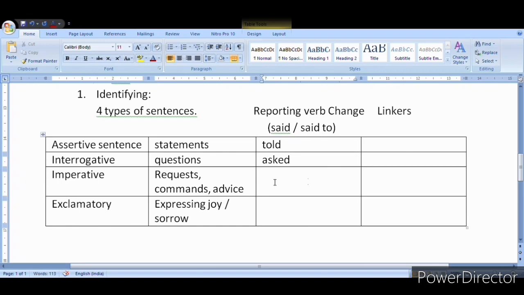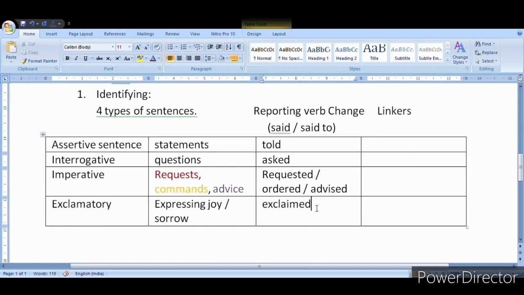You have to change the reporting verb to asked or questioned. Finally, imperative type sentence, that is request, commands, advice. If it is a request, change the reporting verb to requested. If it is an order, change it to commanded or ordered. If it is advice, change it to advised.